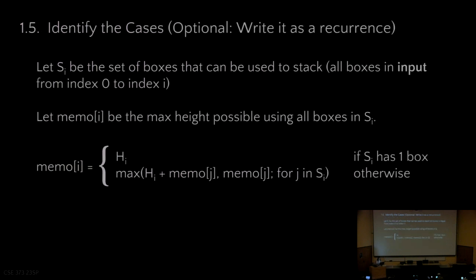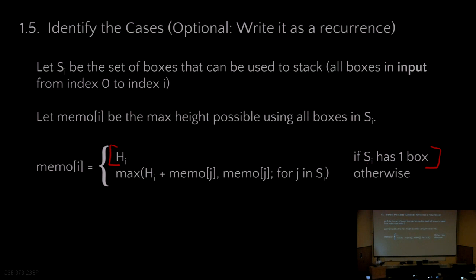Okay. And then this next part is a little scary because it looks a little mathy, and I say that it's optional, but I think that it helps a lot, and it has helped me a lot. So this is essentially the exact same thing as identifying the cases. It's just writing it in a more math-type way, which helps when you are actually writing the code for it later. And so as you can see, this case right here, this is just the base case.